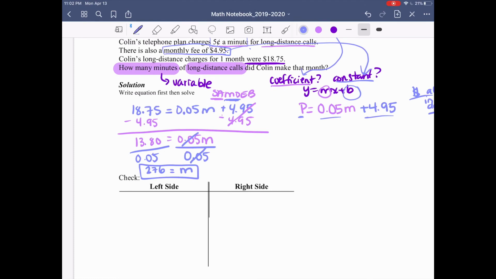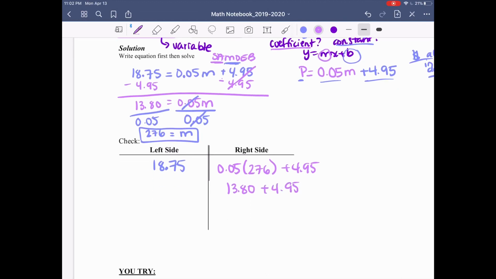So let's plug it in and check our answer. On the left side, we had 18.75. And on the right, we had 0.05 times the variable, which we said was 276, plus 4.95. So 276 times 0.05 is 13.80 if you put it in your calculator.